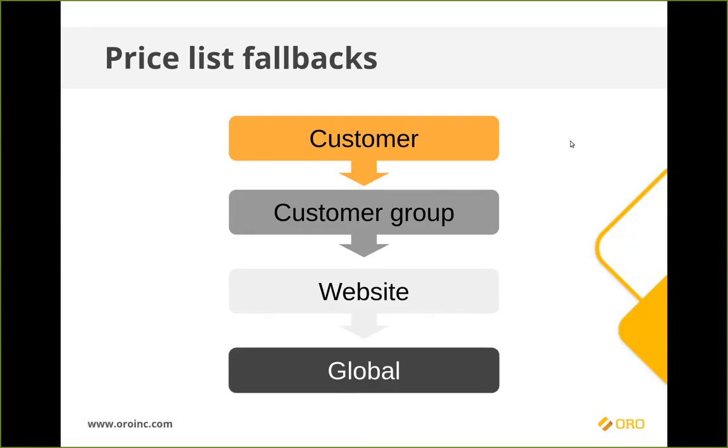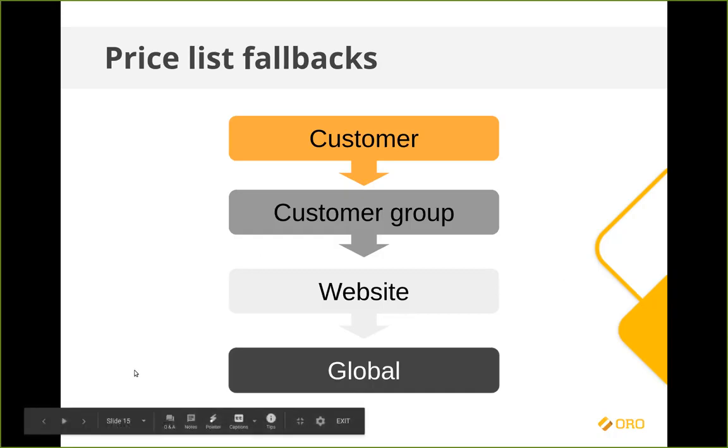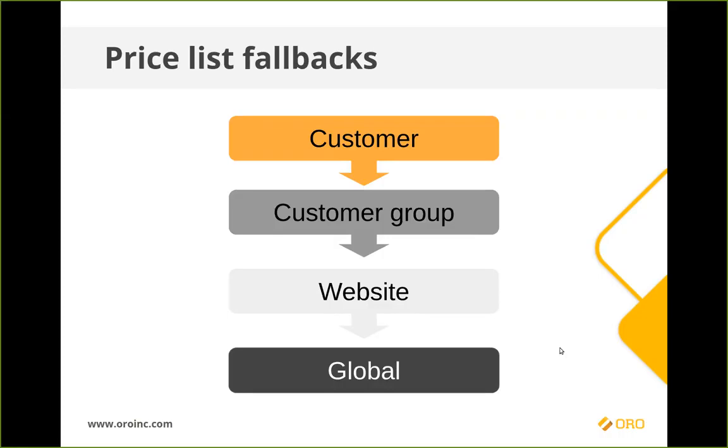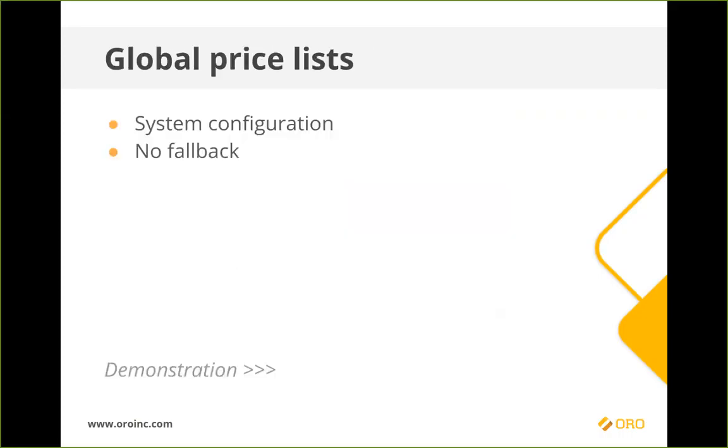And there are also fallbacks from these levels to other levels. For example, if there are no prices for a specific customer, the application will try to find them for the customer group. If there are no prices for the customer group, it will try to find them by the website. If there are no prices for the website, the application is going to check the global level. And only then, if there are no prices in any of these four levels, the application is not going to show any prices at all. So let us check these levels one by one.